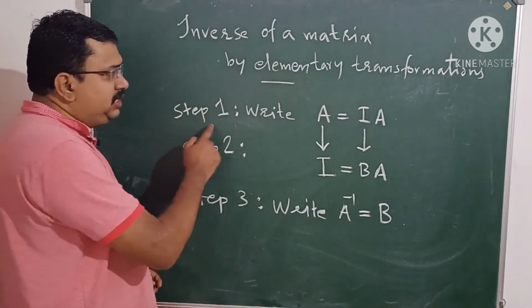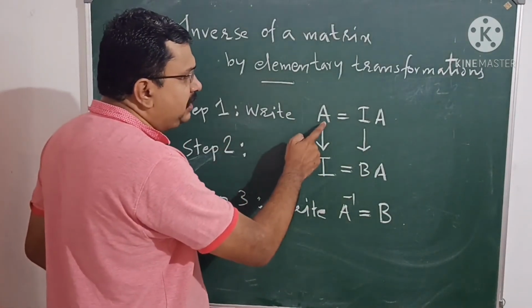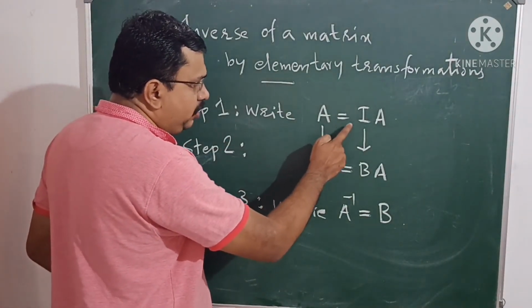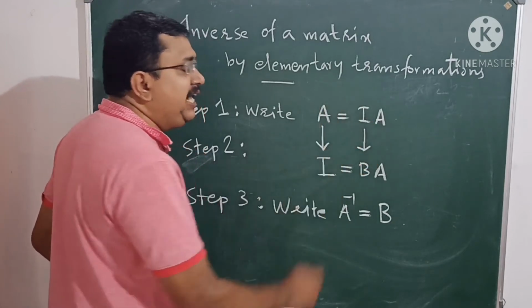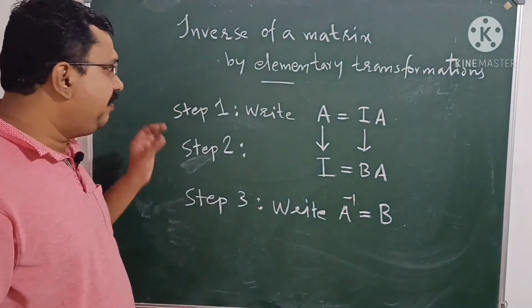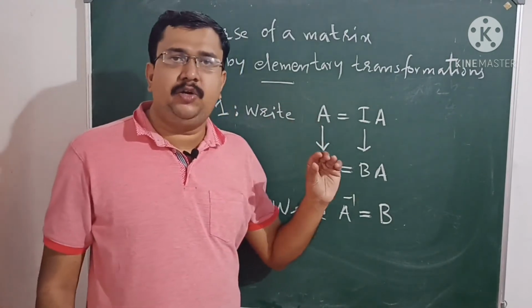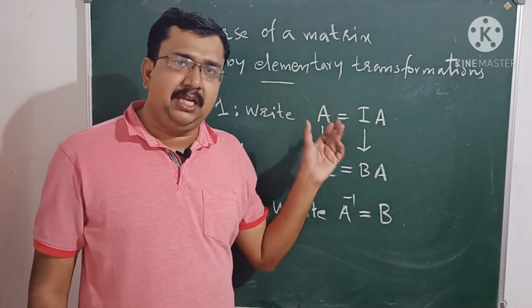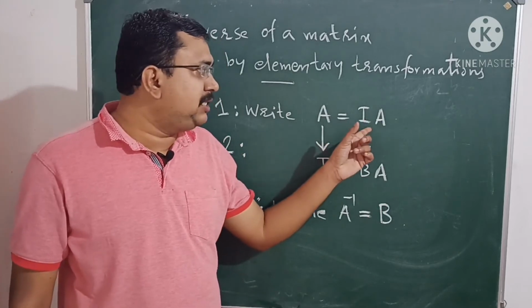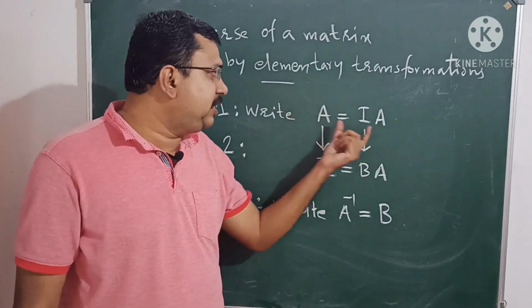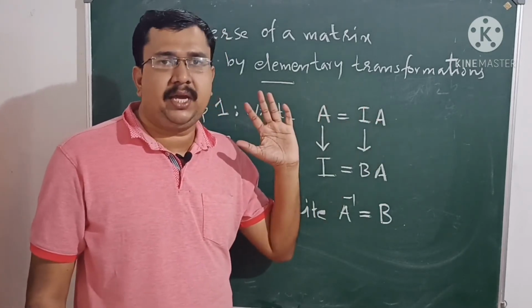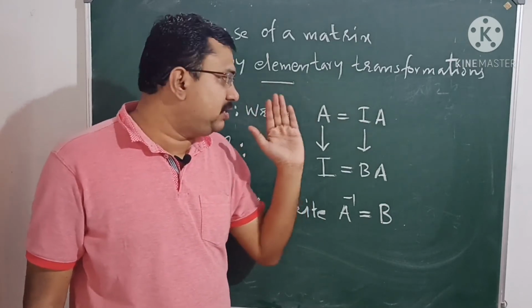Step first is to write the square matrix A as A is equal to I into A, where I is an identity matrix. A is a square matrix and I is the identity matrix. That is our step first.